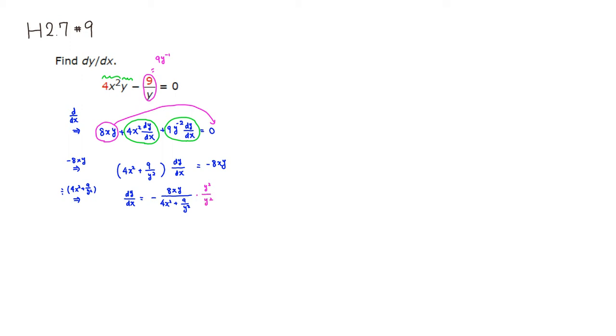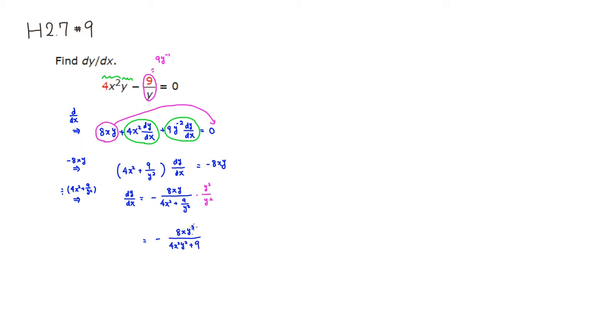So that will get us negative 8xy cubed, then you're going to have 4x squared times y squared, and then plus 9.